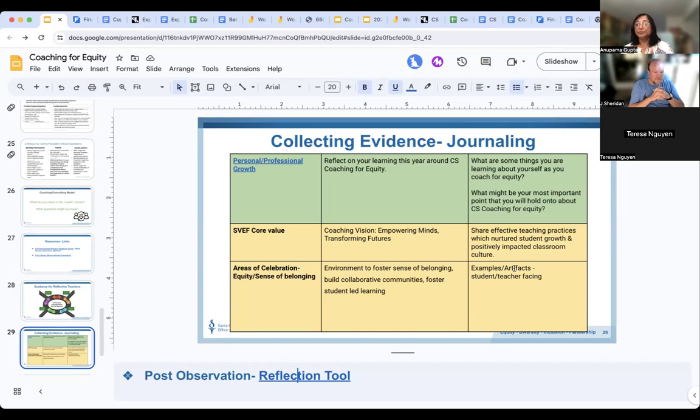Yes, true. So it'll be two. So you are observing them twice. Is that what it is? Yeah, so it would be 2 times.